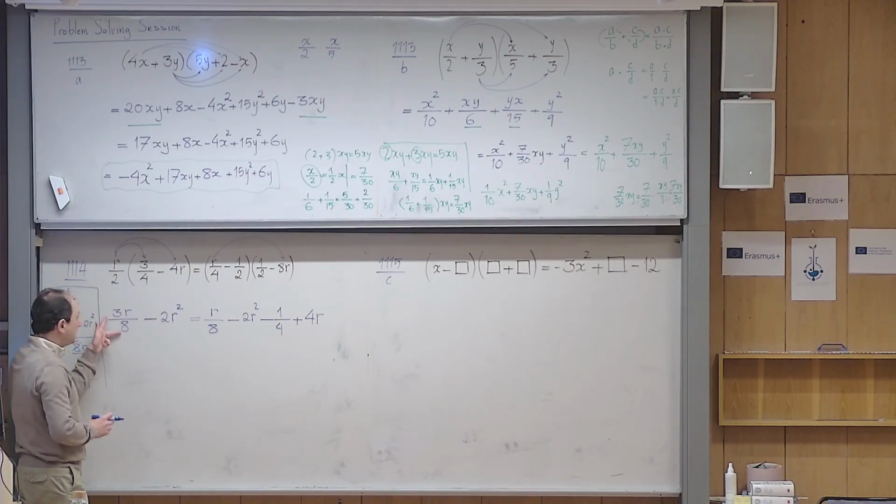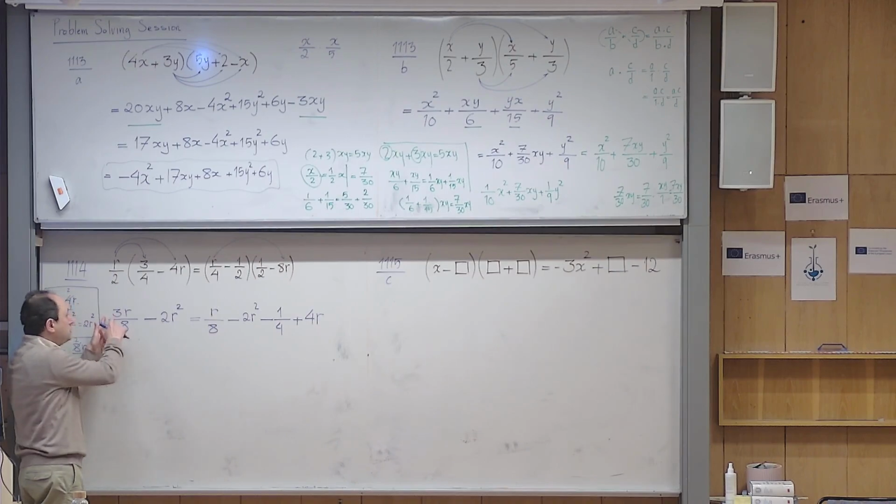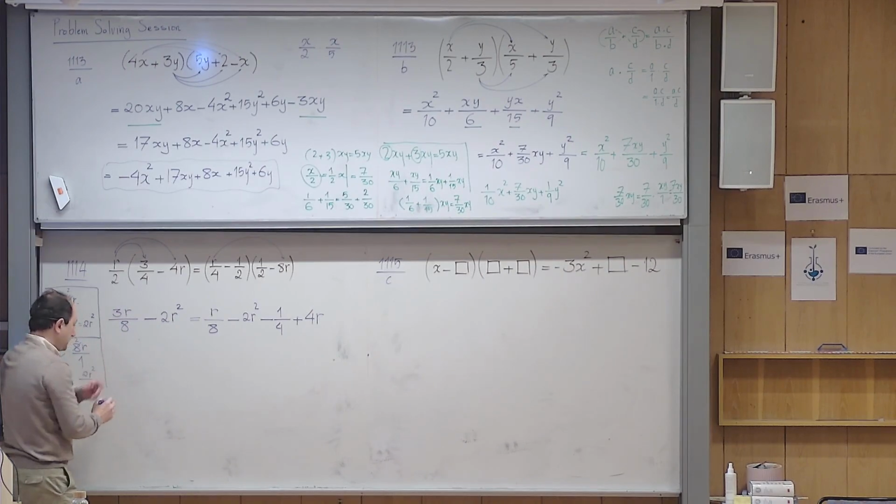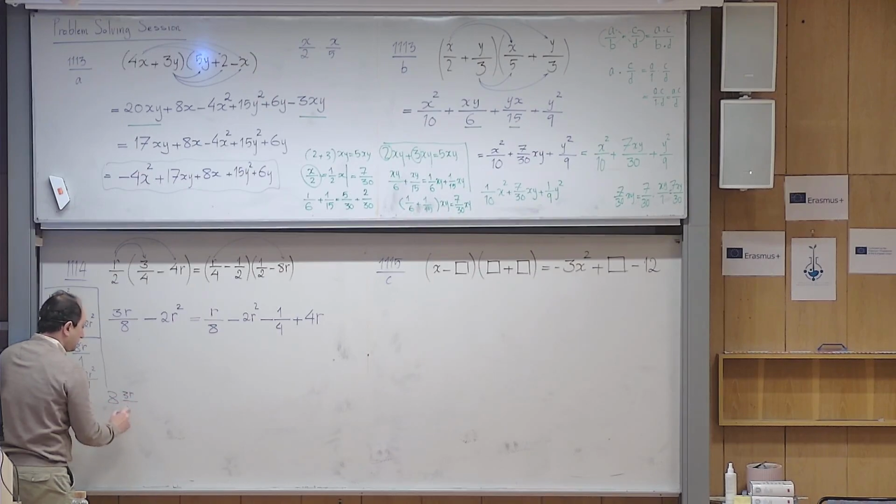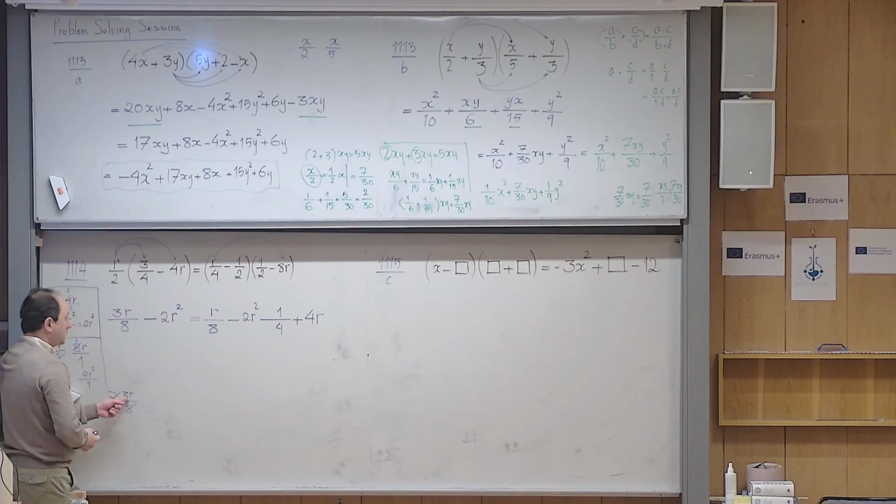So try to have it in your head: multiply everything by 8. When I multiply this by 8, what happens? Of course it becomes 24r over 8. But 24r over 8 is 3r. So be careful. When I tell you to multiply this, don't bother to multiply, because this 8 and that 8 are gone. So the answer is simply 3r.